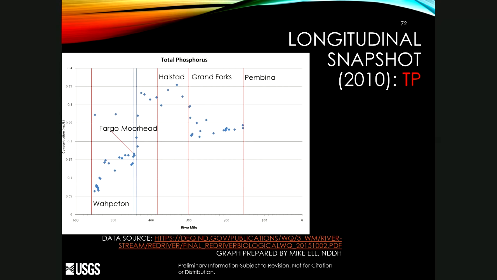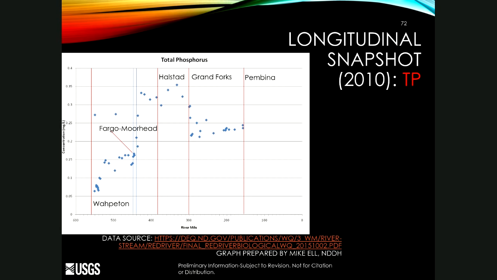So this is looking at a longitudinal snapshot of total phosphorus, and this was provided by Mike L. It's a synoptic survey that was done in August of 2010. So it's showing just a point in time, what's happening from upstream to downstream. This is from Wahpeton, where the Red River starts, to Pembina, the Canadian border.